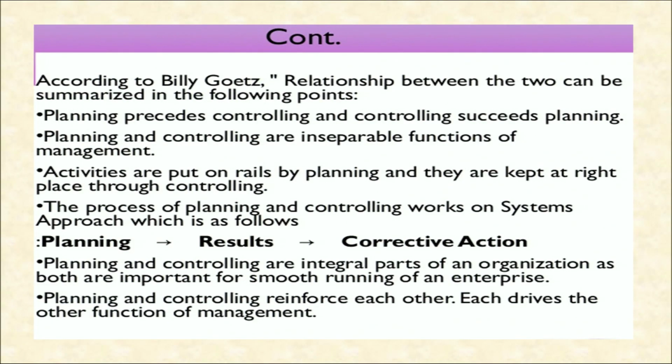The relationship between the two can also be understood in this manner: planning precedes controlling and controlling succeeds planning. One provides you with the standards. Until and unless you lay down the standards, goals or benchmarks, the controlling mechanism cannot be performed.